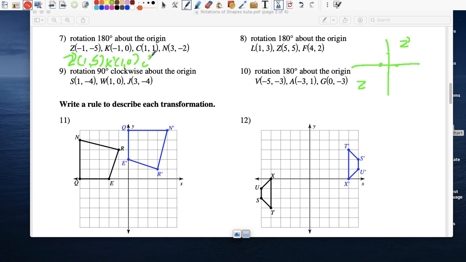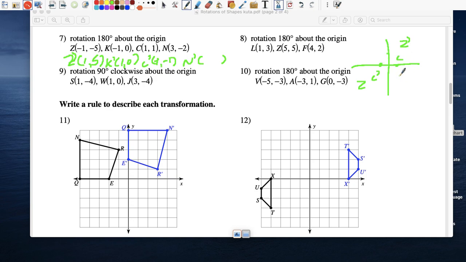Point C prime, so imagine where C is. C is over here in quadrant 1, and it's going to land in quadrant 3. And in quadrant 3, everybody's negative. And then N prime is 3 and -2. 3 and -2 means that it's somewhere over here in quadrant 4.